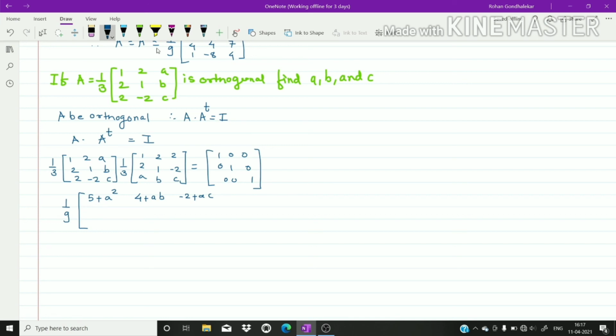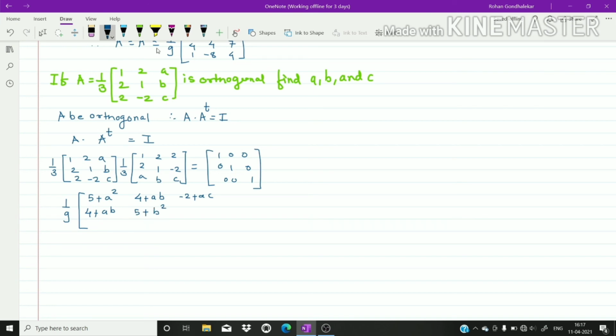Next, 2 into 1 is 2, 1 into 2 is 2, that is 4 plus b into a, that is ab. Now 2 into 2 is 4, 1 into 1 is 1, so 4 plus 1 is 5 plus b into b, that gives me b square.